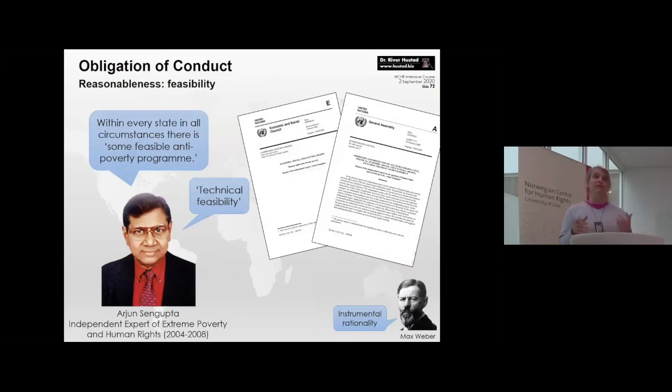This scientific feasibility aspect was developed by Arjun Sengupta, who was the independent expert on extreme poverty. He said that within every state, in all circumstances, there's some feasible anti-poverty program. What he was talking about was technical feasibility.